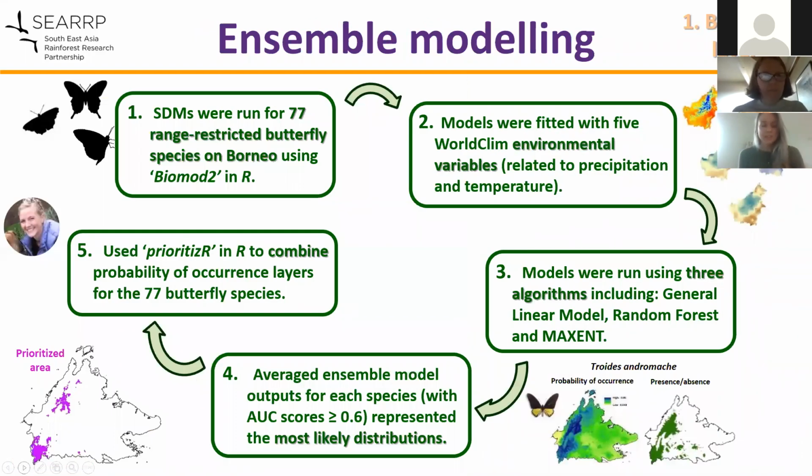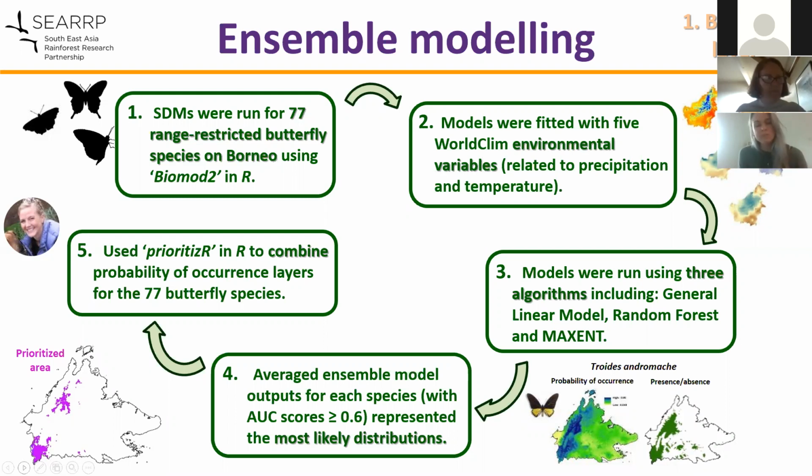So for the 77 range-restricted butterflies, I ran 77 species distribution models. I won't go into the technical details about these models, but I basically fitted them with 5 WorldClim environmental variables, so variables related to precipitation and temperature that are likely to be important for butterflies.